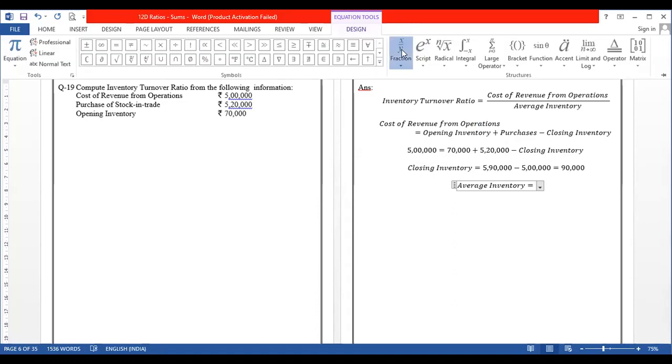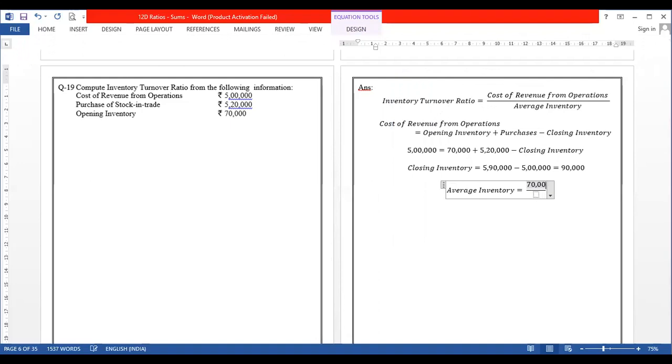So let me take this fraction from here. Okay, opening is 70,000 plus closing is 90,000 to be divided by 2. Yes, 70 plus 90 is total 1,60,000 to be divided by 2. Yes, the answer will be 80,000. Okay, 80,000 is my average inventory. Now I have COGS with me.